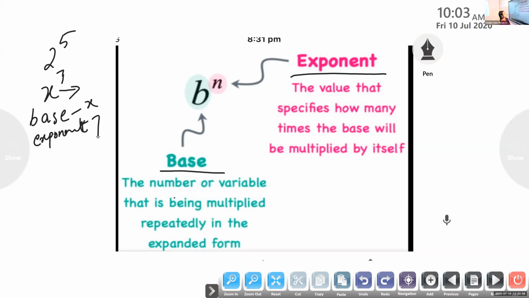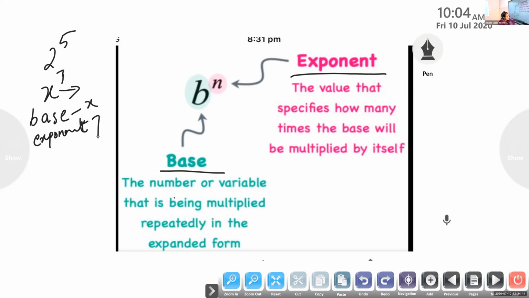Okay, Anlia, read what is an exponent. The value that specifies how many times the base will be multiplied by itself.